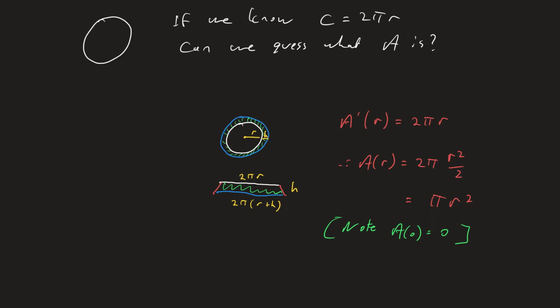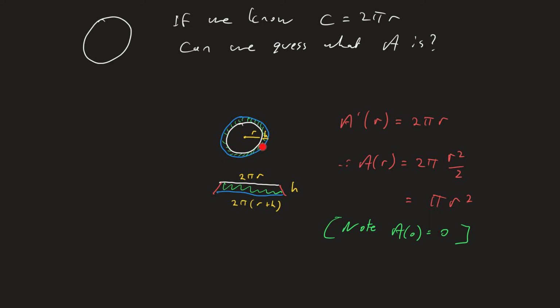If I were to just cut the circle and unravel it, I get essentially a trapezium here. The white part here has got length 2 pi r. The blue part here has got length 2 pi (r plus h), because we know the circumference of a circle of any given radius. And they're slightly different lengths, so approximately I've got a trapezium here.